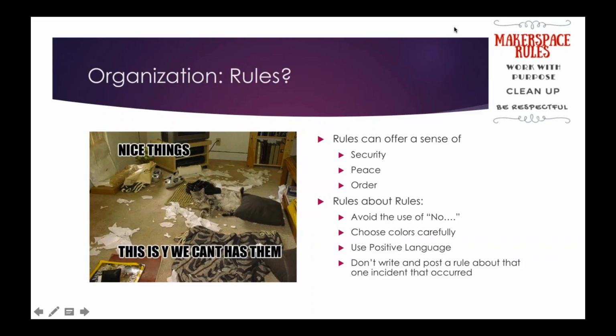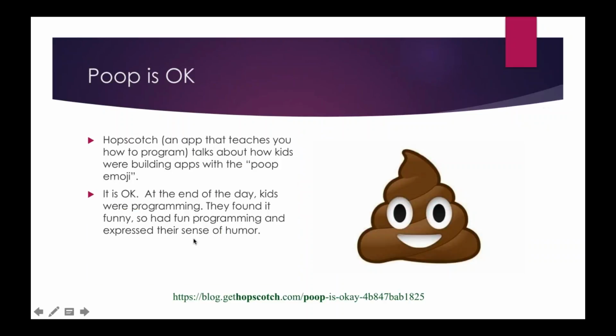And I had no clue why, but I guess somebody spilled something all over the dog's clothes and they got mad or something. I have no clue, to be honest. But don't write a rule about a single incident, because you know what, it happened once and it might not happen again, and there's no need to call it out because you're just adding to the do's and don'ts.